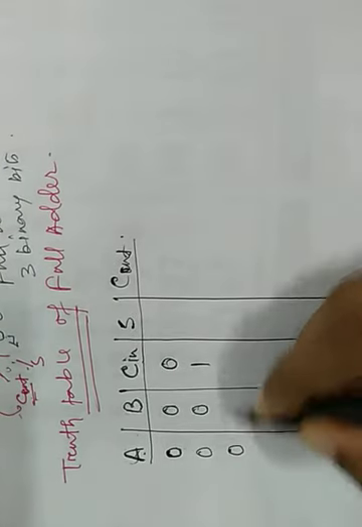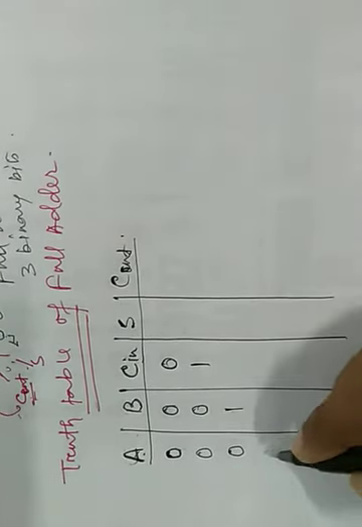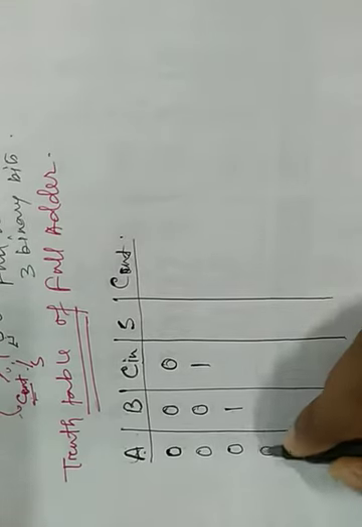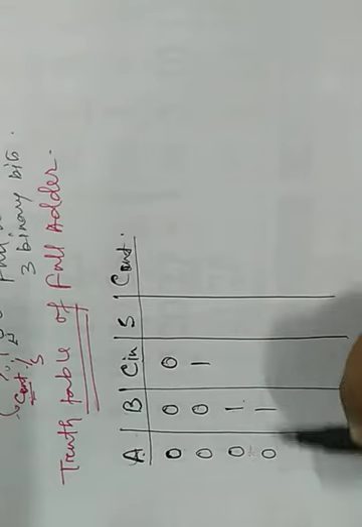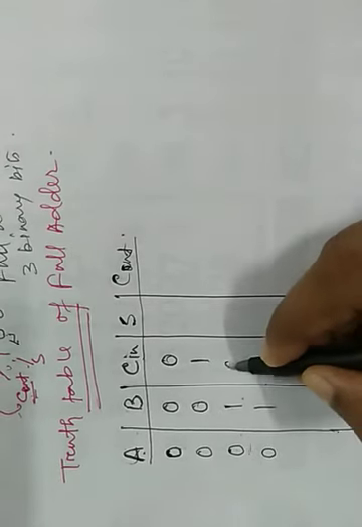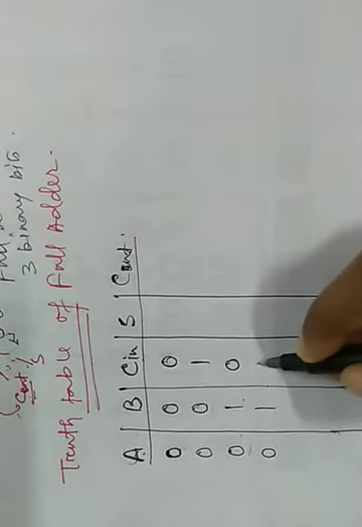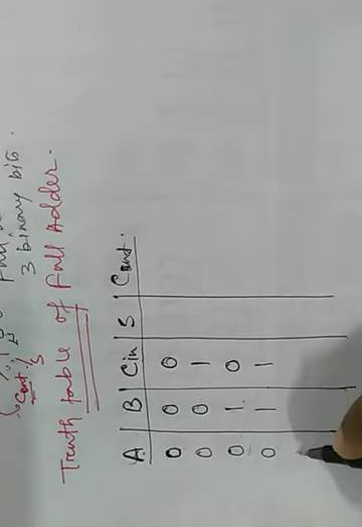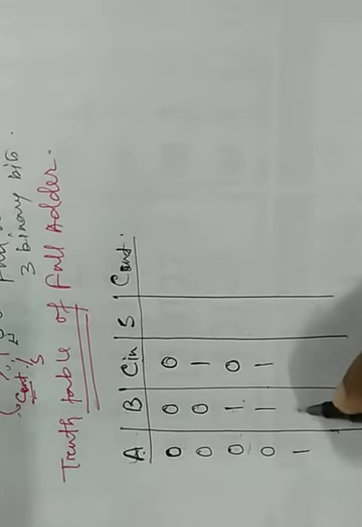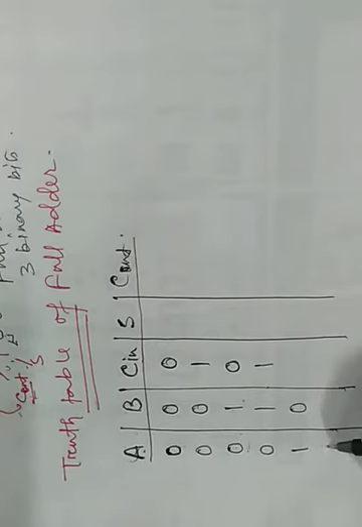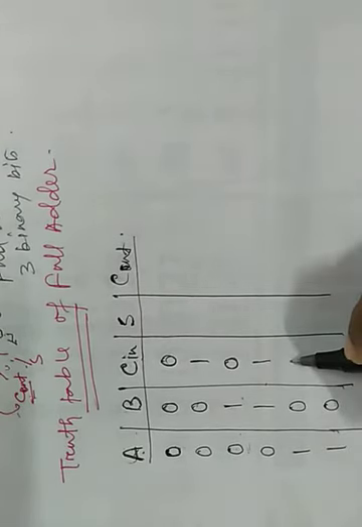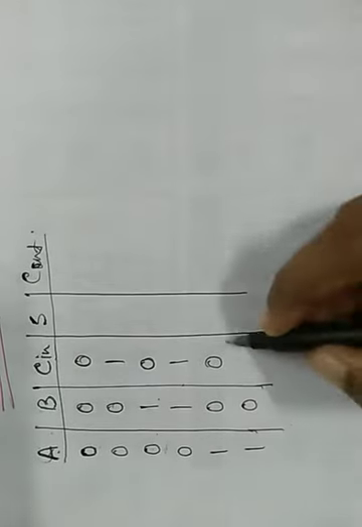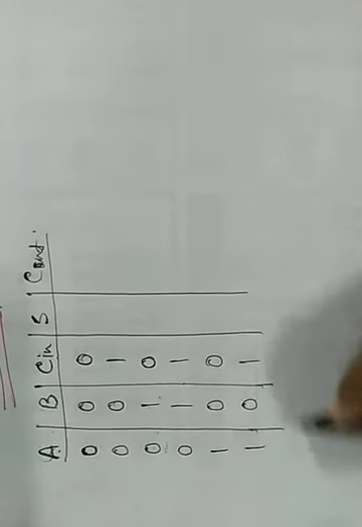Again, if the combination is 0, 1, there may be a carry: in one case 0, in another case carry is 1. Again, if the combination is 1, 0, obviously two cases must be there: for one combination carry in is 0 and for another carry is 1.